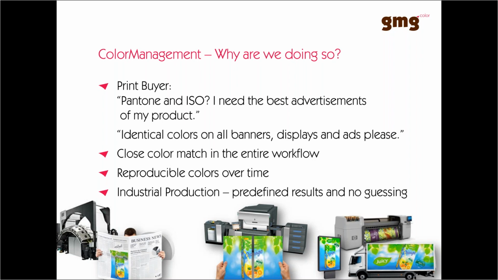Here, it's also important to get exactly the same colors over time so that you can reproduce all your products from day to day and also from one month to another one. And that's at the end industrial production. So you could get to your results without guesswork, that you can rely on the tools that you're using and on your process. That is what we call color management.